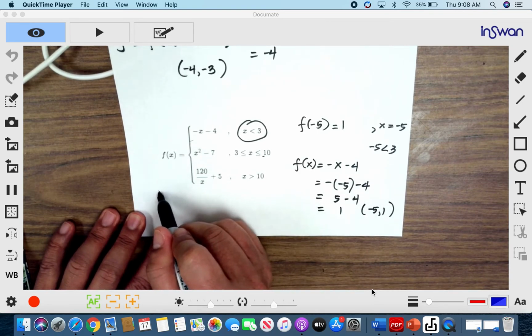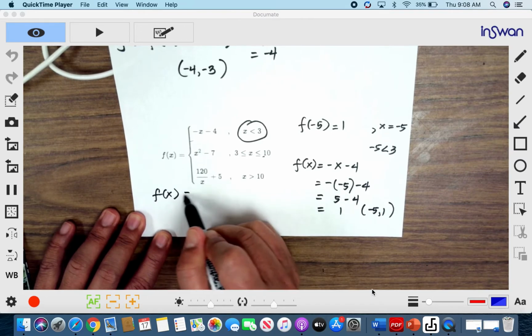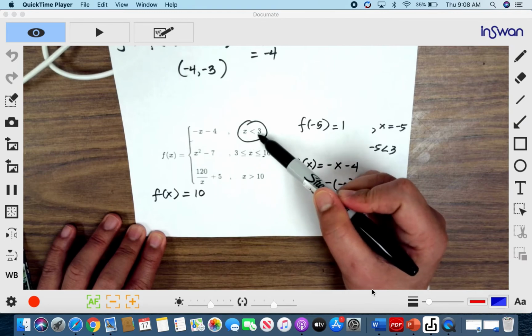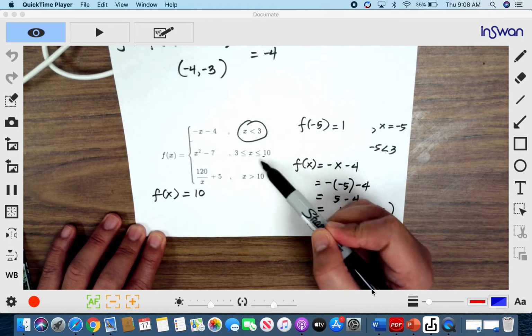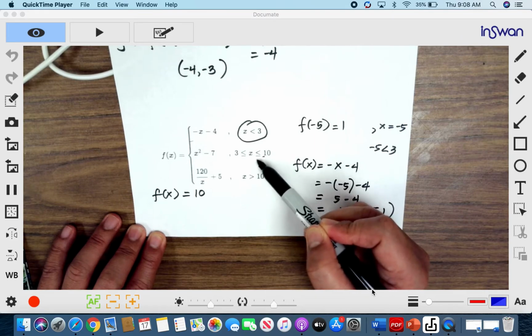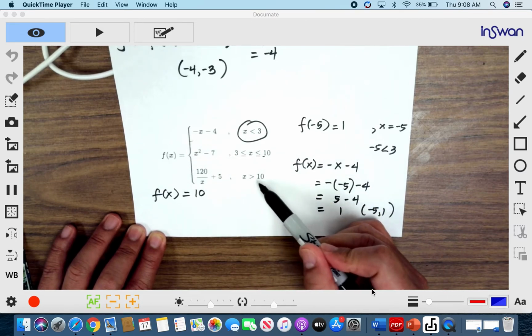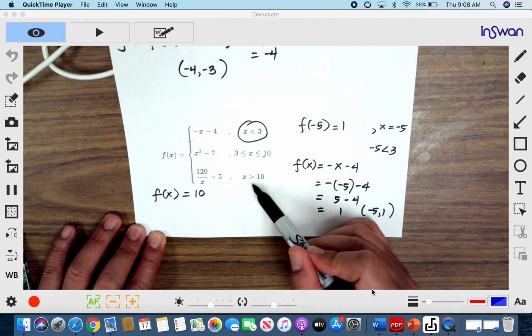Let's say my x is equal to 10. 10 is not less than 3, but 10 is equal to 10, of course, and it belongs here because there's an underline. This means that your x here can be less than or equal to 10. So it belongs to this equation. You cannot choose the other equation because x there is greater than 10, not equal to 10.